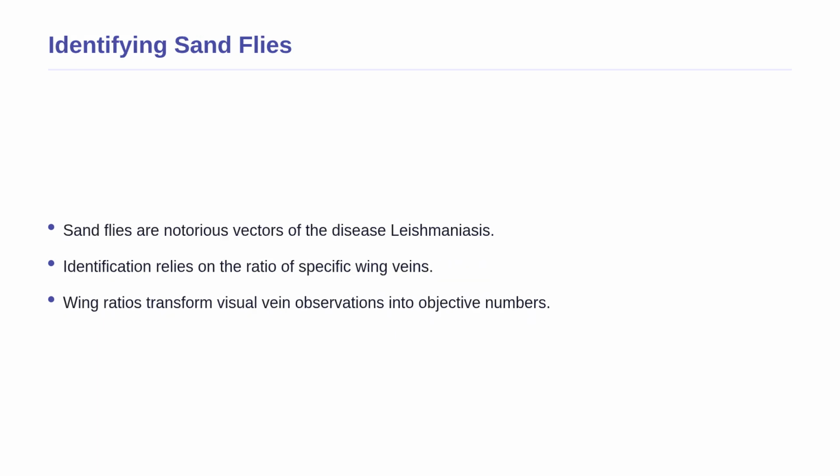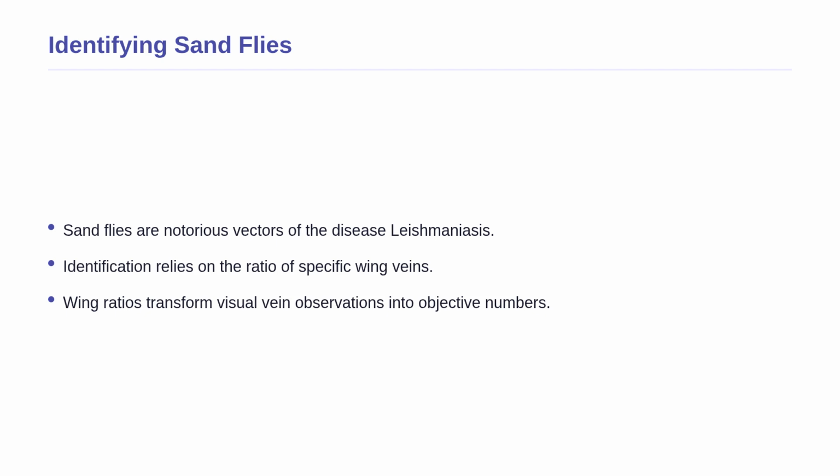Having seen how head shape helps identify mosquitoes, let us look at another critical disease vector, the sandfly. Sandflies are notorious vectors of a severe disease called leishmaniasis. Because they are incredibly tiny, identifying them requires looking at microscopic details, specifically the ratio of specific veins on their wings.